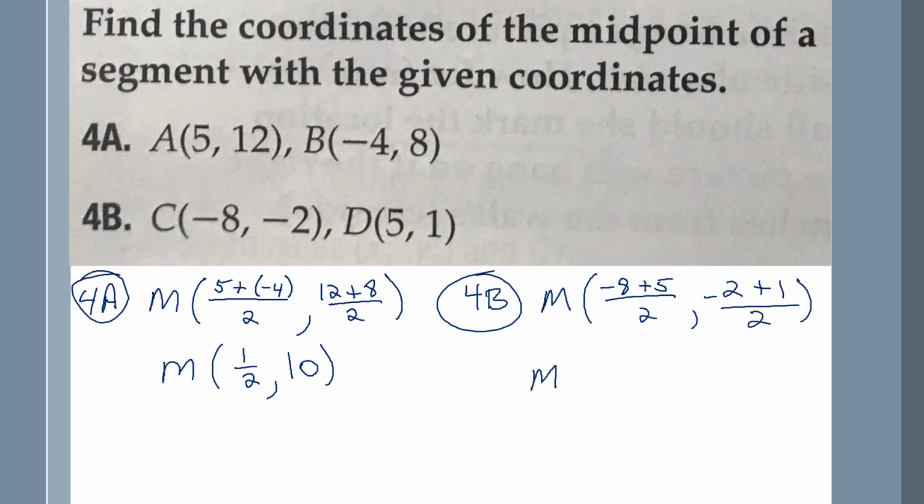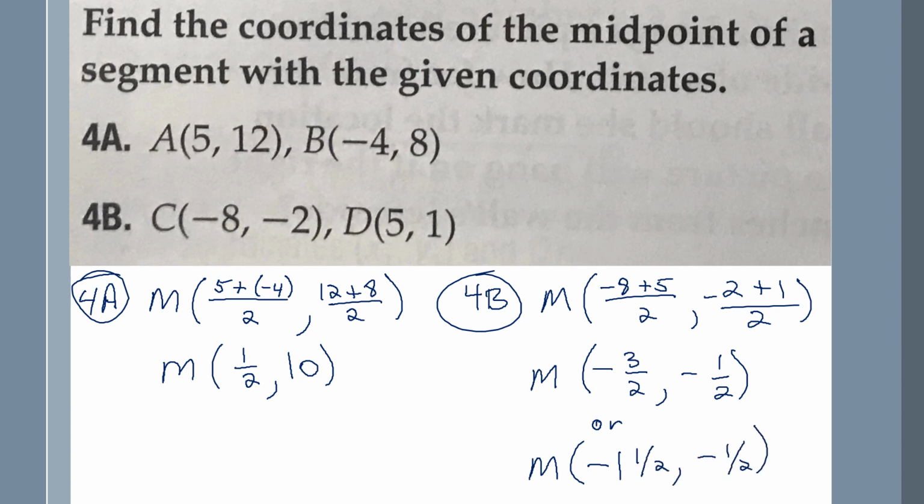So in this problem, M, negative 8 plus 5 is negative 3 halves, and negative 2 plus 1 is negative 1 half. So this is acceptable, or you could put this as a mixed number, negative 1 1/2, and then negative 1/2.